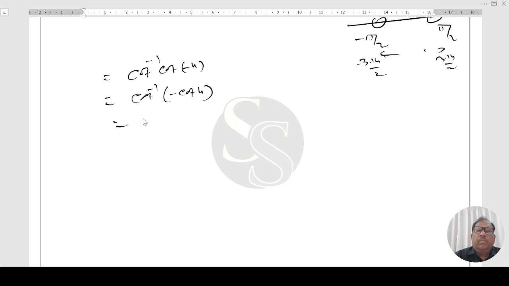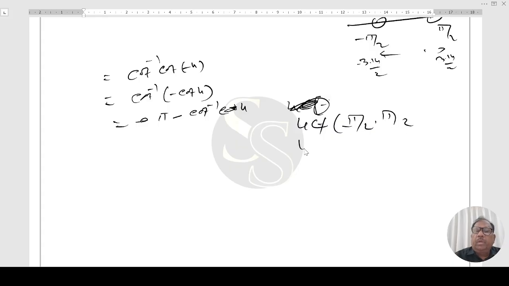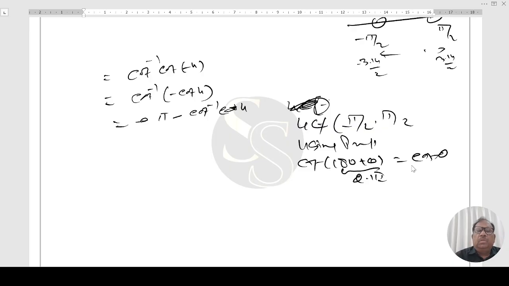That can be written as pi minus cot inverse cot 4. 4 does not belong to minus pi by 2 to pi by 2. So using the property cot 180 plus theta equal to cot theta, belonging to that quadrant, the trigonometric function does not change.